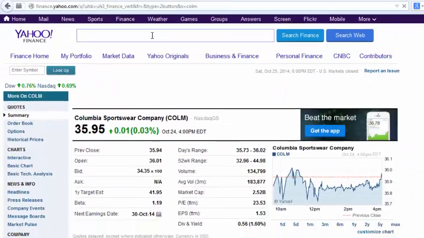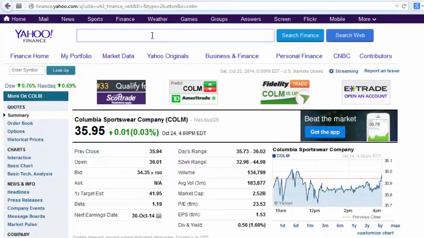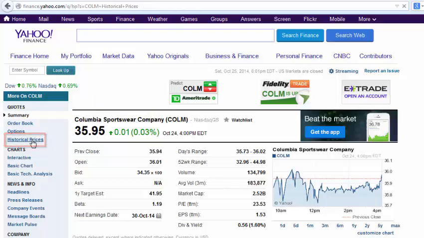This company sells coats. If you've ever bought one of those that says Columbia on it, they're really warm coats. May not need them quite as much in Texas as you might in like Illinois, Indiana, Minnesota, those places. Their stock is currently selling, at least when I'm recording this, at $35.95. I'm going to take a quick look at their historical prices.